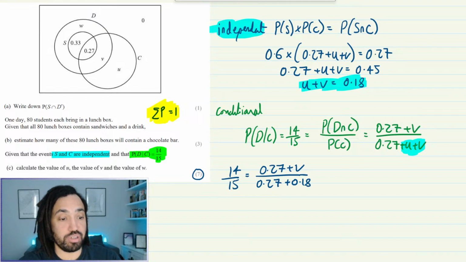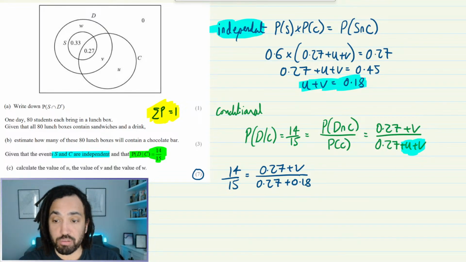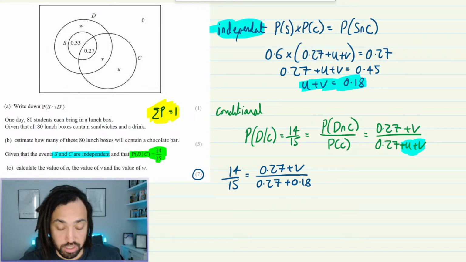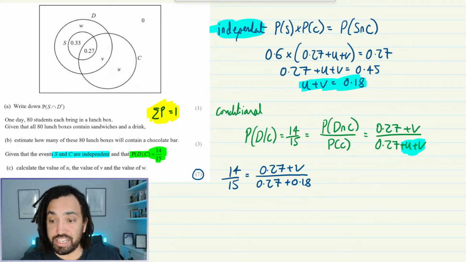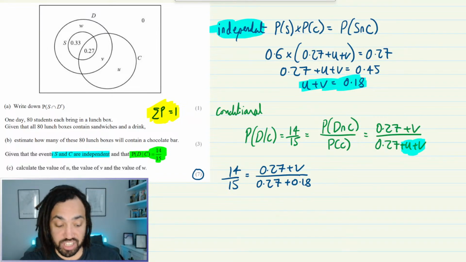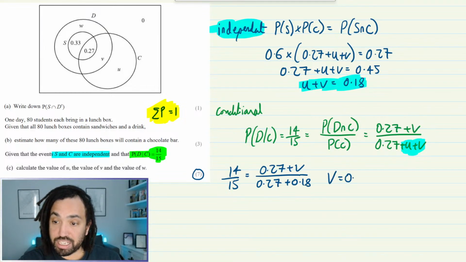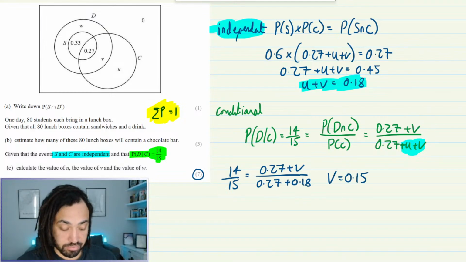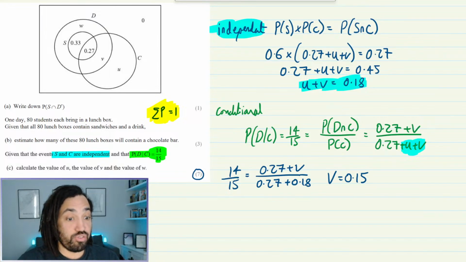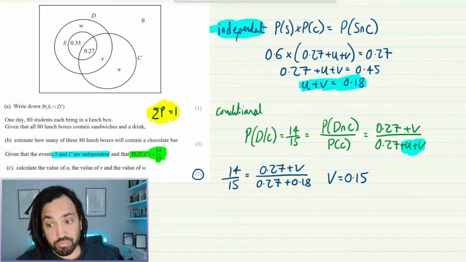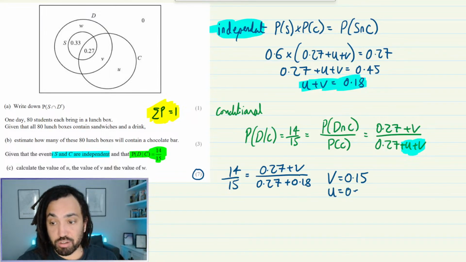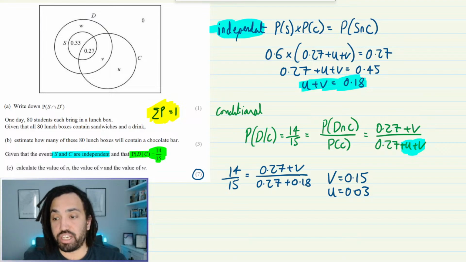I've just substituted out that U plus V for 0.18, and it looks like we're good to solve for V now. This is just an equation that only has V in. So we can solve this for V, and we get 0.15. And if we know V, we then know U, because we know they both add to make 0.18. So we can find U.